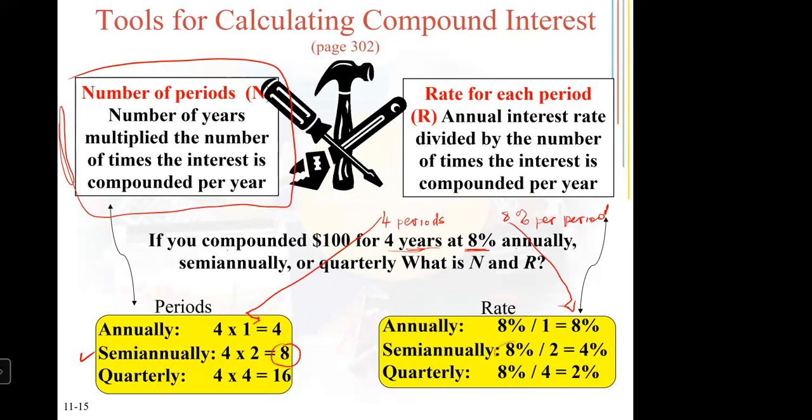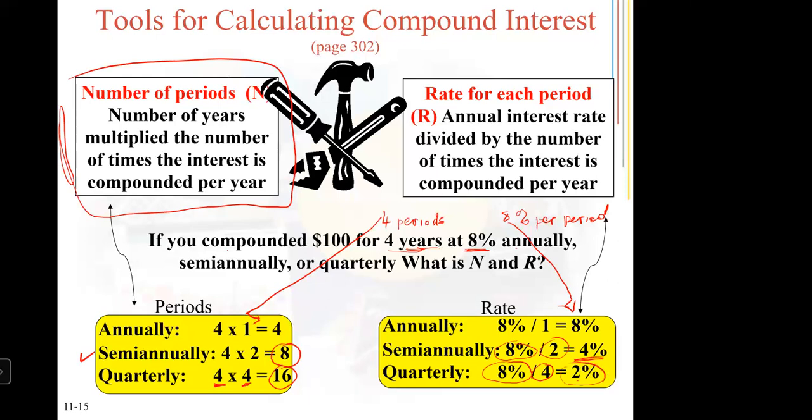If it's 8% and you're compounding twice a year, you divide the 8 by 2, it's going to be 4% each time you do your compounding. Then for quarterly, if it's 4 years and you are doing it 4 times a year, then you're going to have 16 periods. That means you're going to compound your interest 16 times. And since the interest rate is 8% and you're compounding 4 times a year, each time you compound, it will be 2%. 8 divided by 4 is 2.